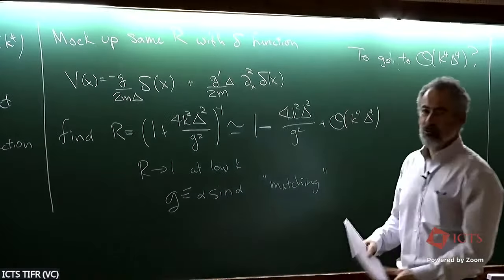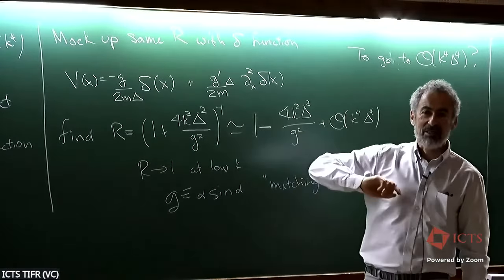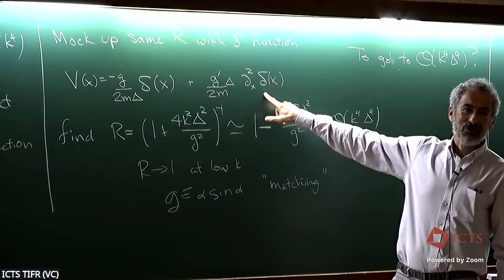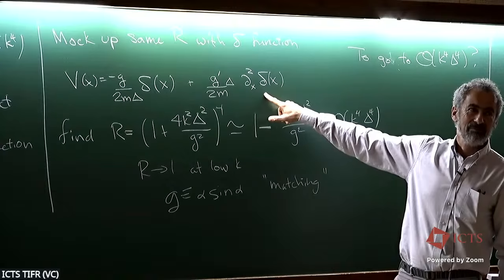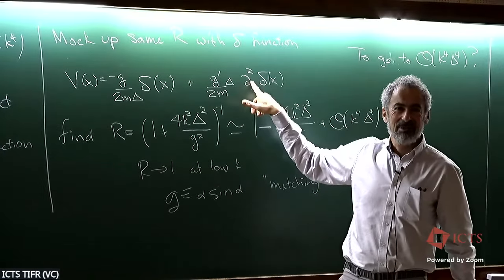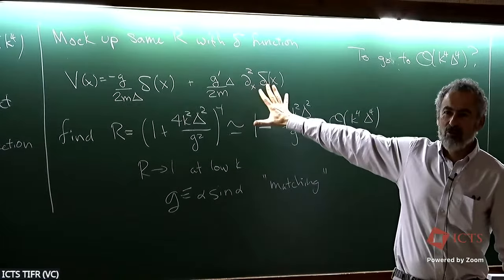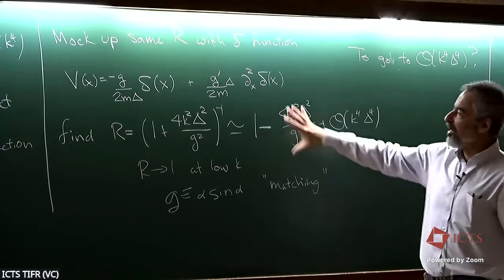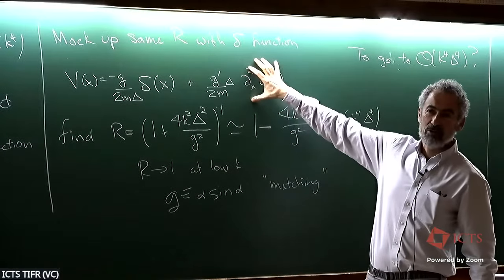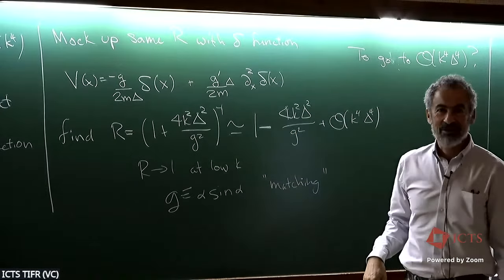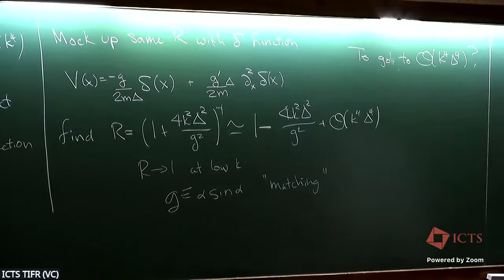And you could now try to do the same thing and fit this, but you're going to run into a problem, which is that this is too singular to solve in one dimension. The delta function is not too singular, but this one is. So rather than focus on this, I'm going to go to a three-dimensional problem where you have a similar problem where the potential we want to use is too singular, and approach the issue of renormalization in the 3D problem instead.